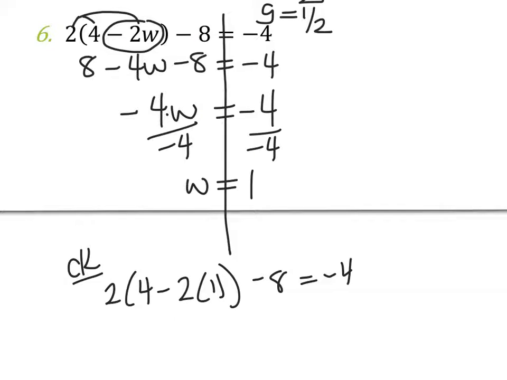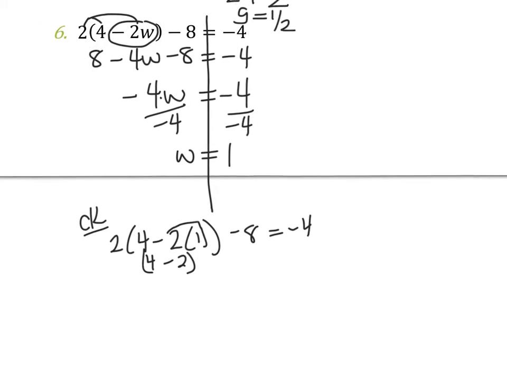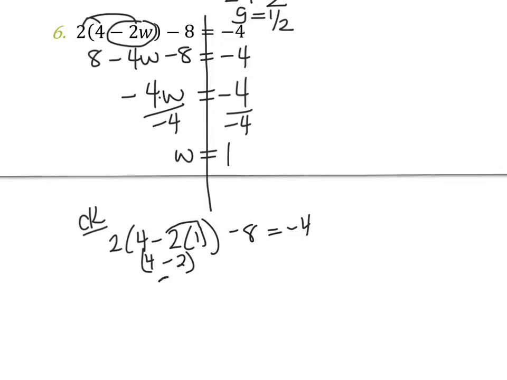So I would follow my order of operations. I'd simplify inside the parentheses, so I'm going to multiply here first and get 2. And then I'm going to still work inside that parenthesis, and I'm going to get 4 minus 2 is 2, and I times by the outside number to give me 4, and then I'll minus my 8, which is negative 4. So that one does check.